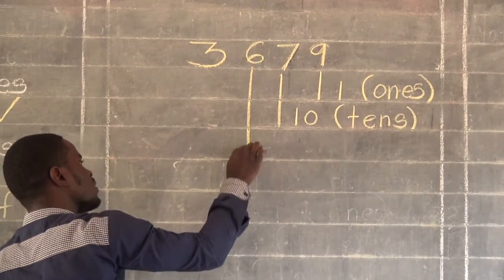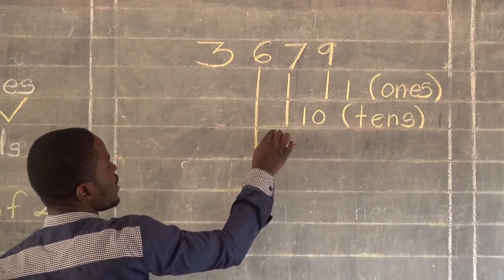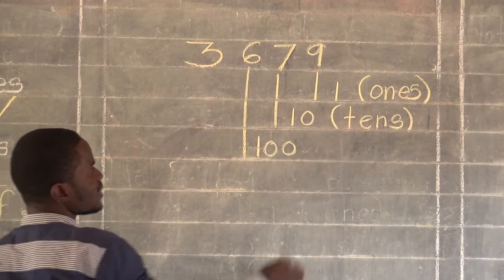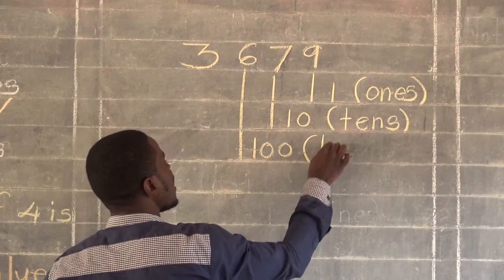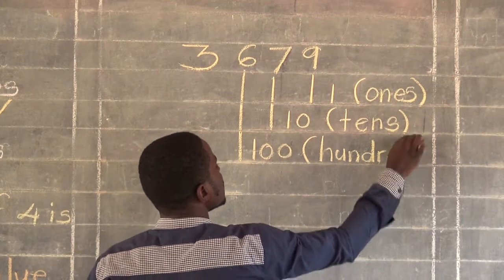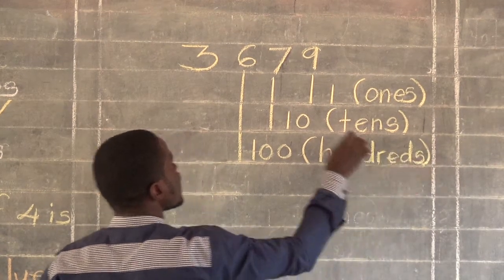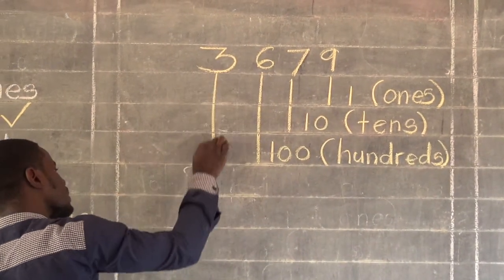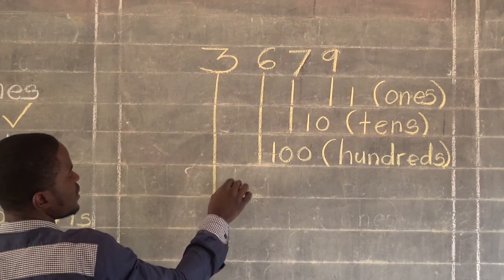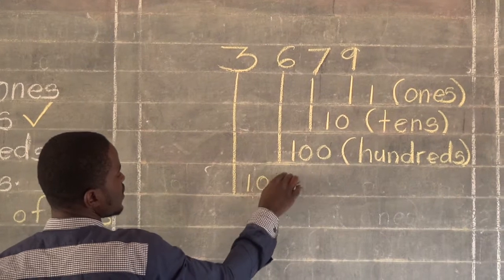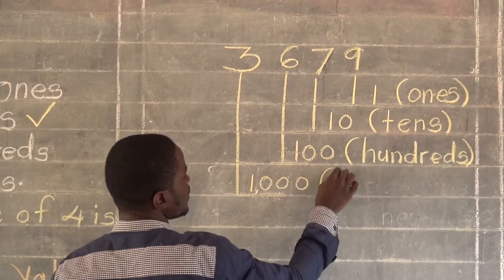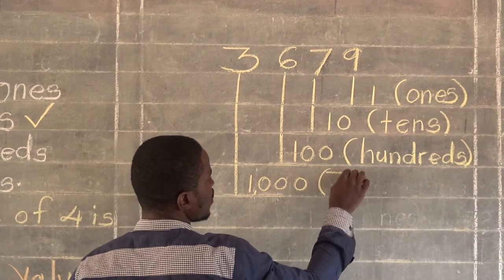Then the next place value here is hundreds, which you write in figures like that, and in words it is hundreds. Then you come down to the last digit, which is thousands, but in words it is written as thousands.